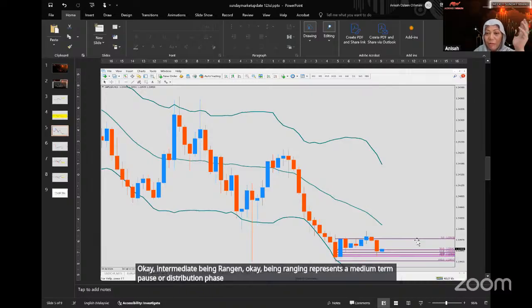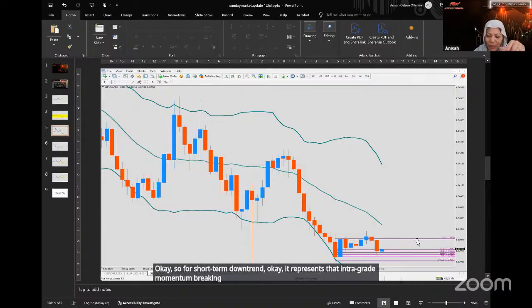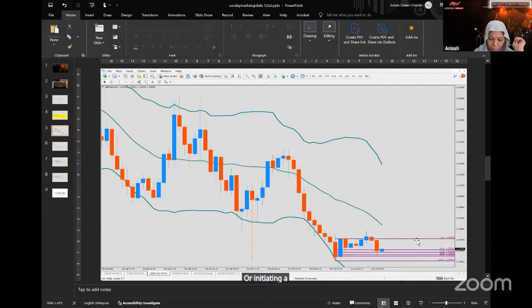Sellers are resting at the moment, and the market is moving sideways to build energy. Short-term downtrend represents intraday momentum breaking down. It shows that inside the H1 ranging, sellers have taken control and are pushing toward the bottom of that range or initiating a full breakout.